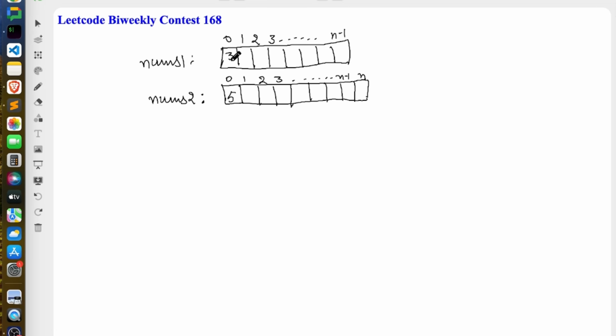It means that we have to convert this 3 to 5 for sure. Then only, after doing our operations, your nums1 would look like nums2, right? And the operation could be either increment a number, decrement a number, or append a number to the end, right? So if you have 3 here and 5 here, we can apply plus 1 operation twice and convert 3 to 5, right?